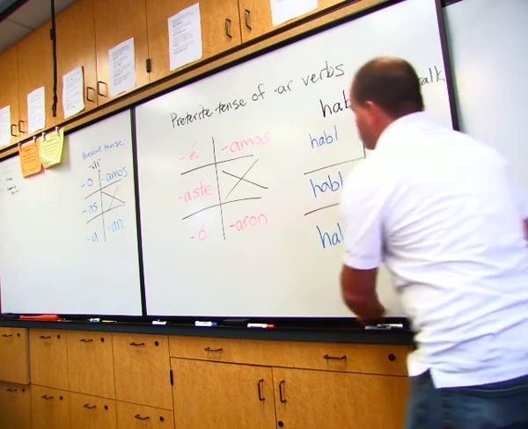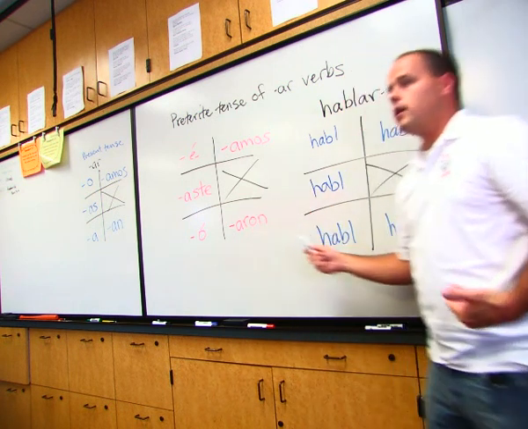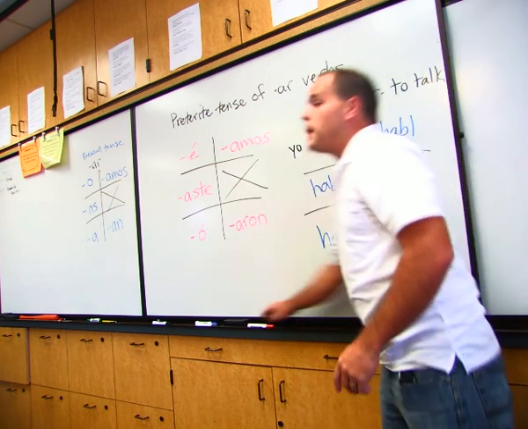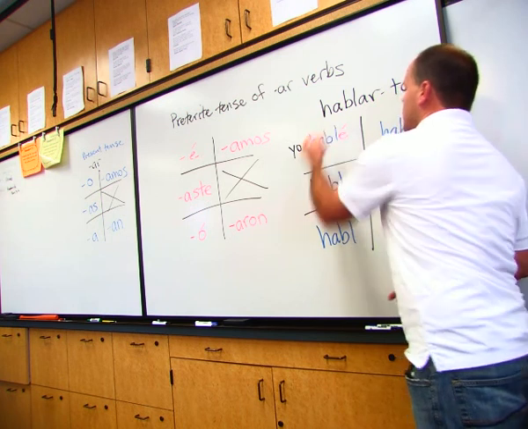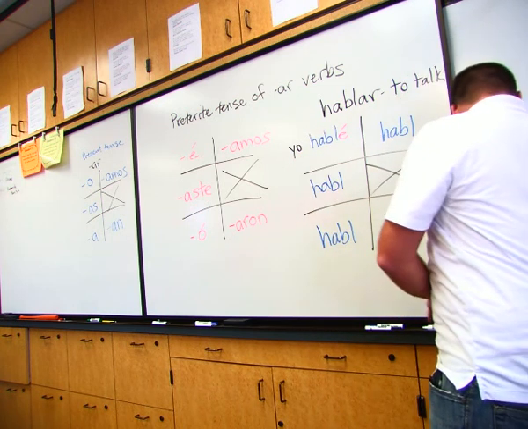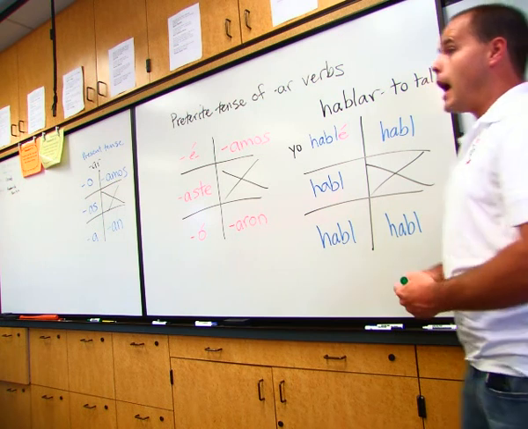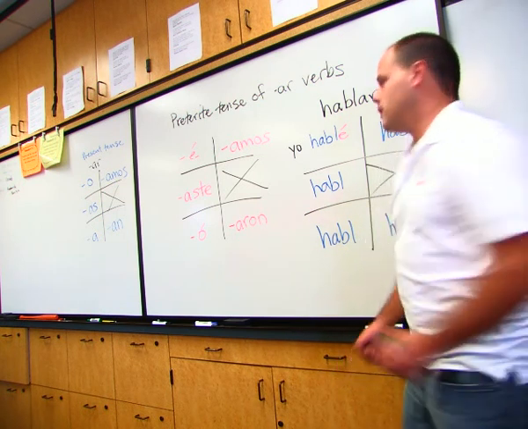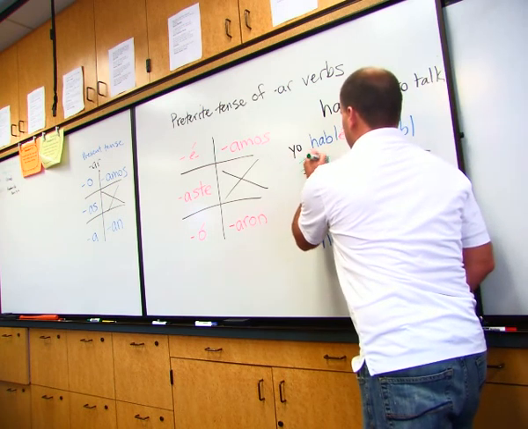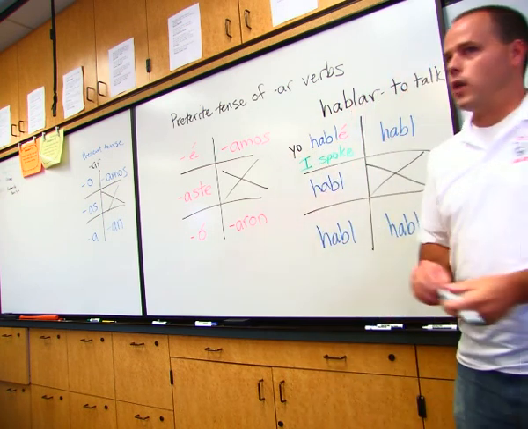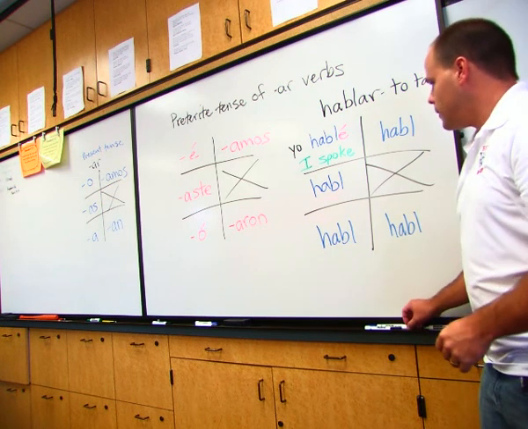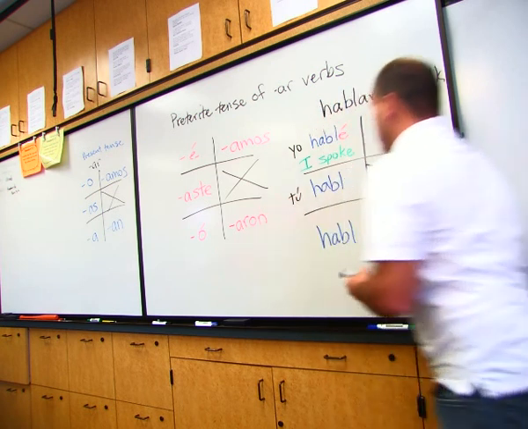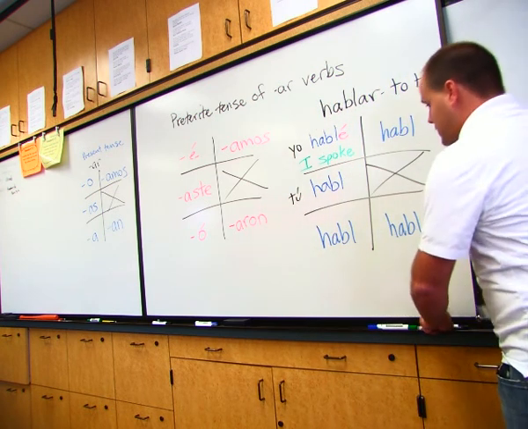Now, with our pronouns, we have our yo form. So we have yo, and what is it going to be? Yo hablé. Now notice the accent on the E there. What does that mean? I spoke, or I talked. You can write that as well. In the tú form, you spoke: tú hablaste.